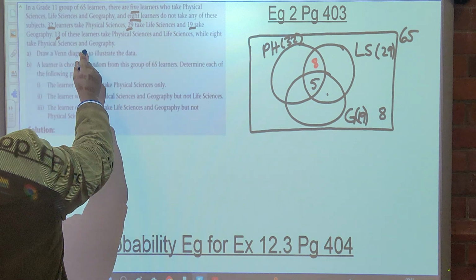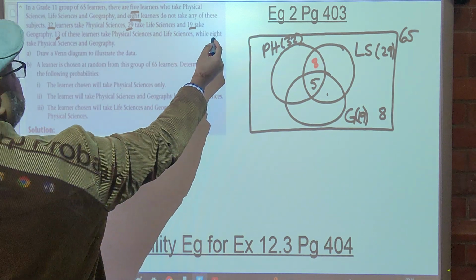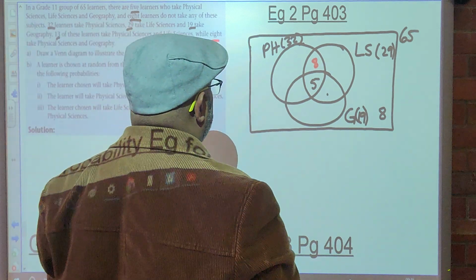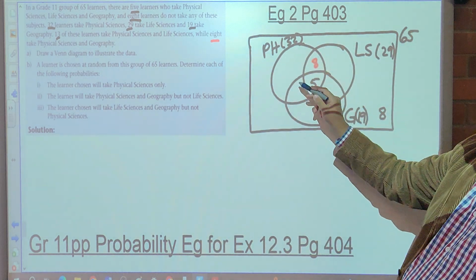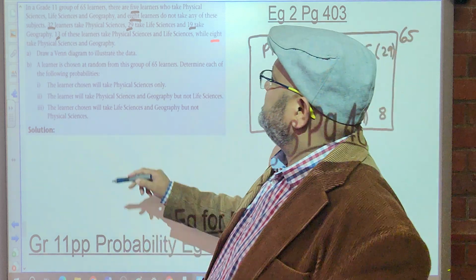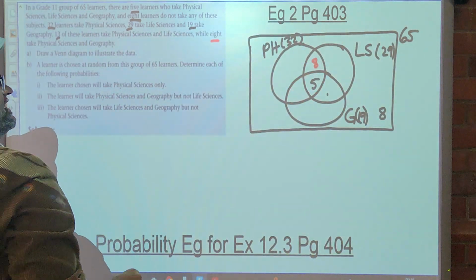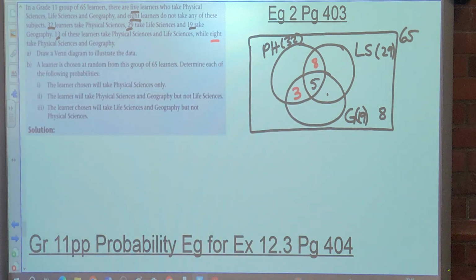Right. Then we are told, whilst 8 take physical science and geography. So physical science and geography, 8. So this whole part should be 8? Not so. How many do physical science and geography only? 3. 8 minus 5 is 3, of course.